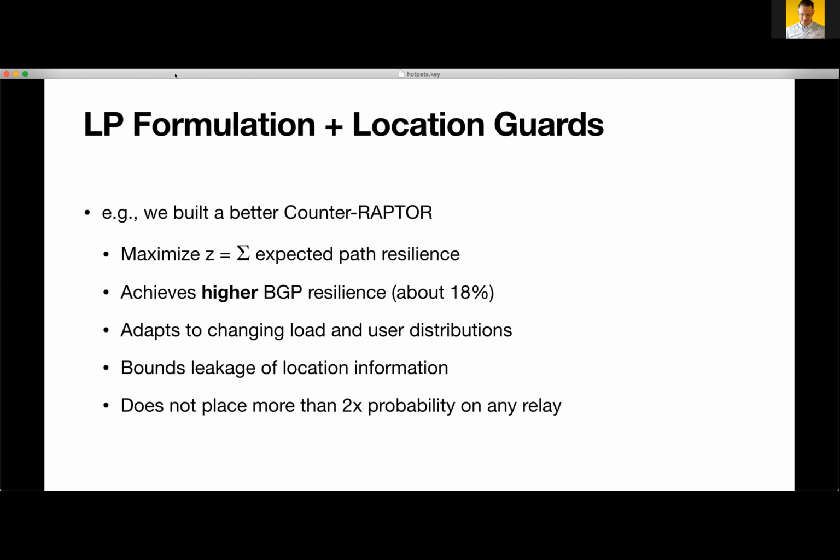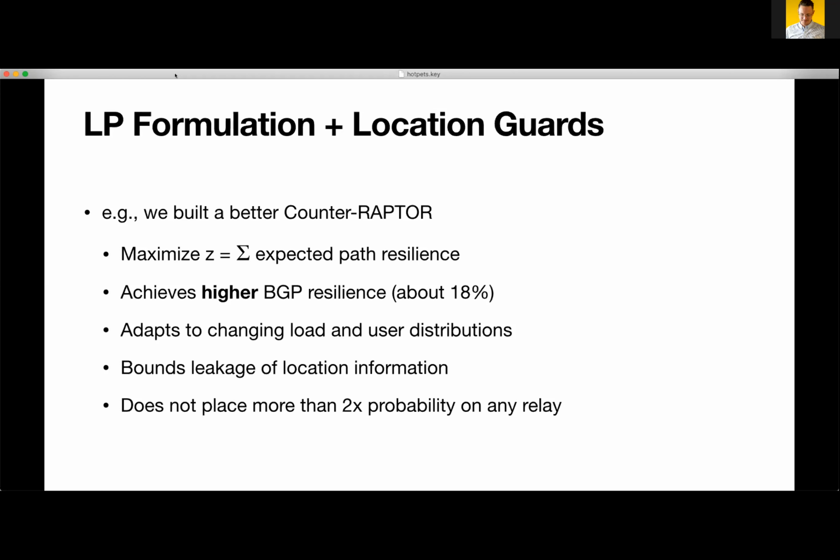And so we're not using heuristics to try to prevent placement attacks or maximize resilience. And another thing that is important to realize when dealing with location-aware path selection is that relays can be used differently depending on where you're coming from. So a lot of the time it's thought of that Tor guards are guards everywhere, and Tor middles are middles everywhere, because that's kind of how the network is today.